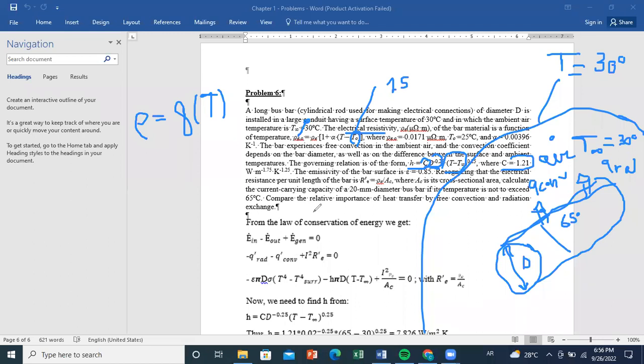So first, as we said, we should identify the different processes of heat that are involved in this problem. Okay, so first we can say that, as we mentioned already, we have heat loss by convection and by radiation. And we know the expression of this rate of exchange.